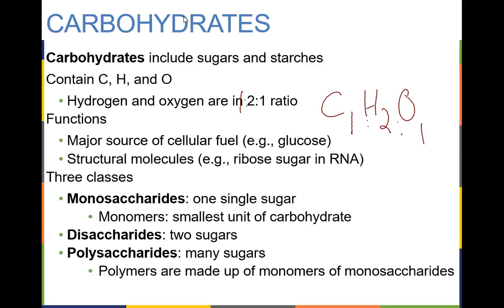Carbohydrates always are in this relationship, whether it is sugar or starch or glycogen. It's always a 1 to 2 to 1. Our bodies use glucose, the simplest version of carbohydrates, as our fuel. 1 gram of carbohydrates equals 4 calories of energy.